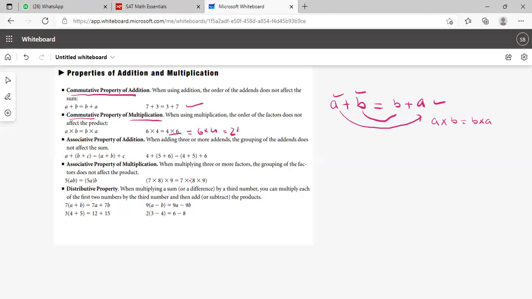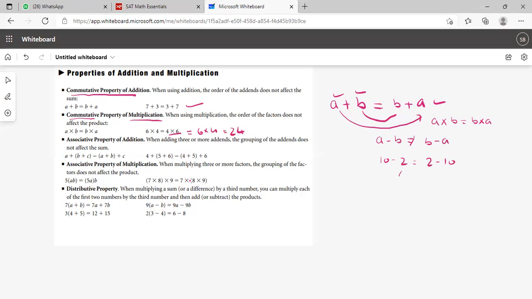So the order of these numbers, which can either be addends or factors, does not matter in the case of multiplication and addition. But if I talk about division or subtraction, this would matter. A minus B is not equal to B minus A. Let's say I have 10 minus 2 and 2 minus 10.